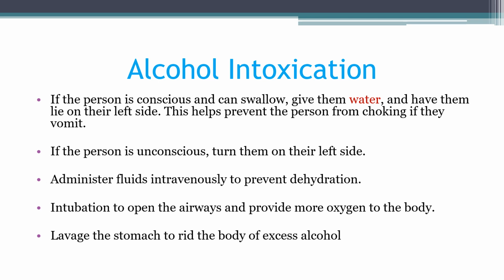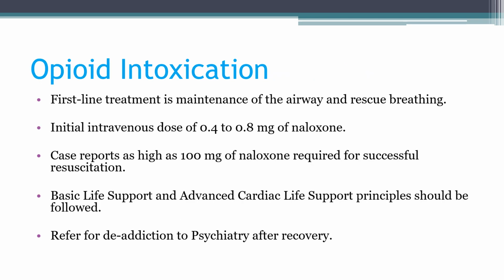Intubation to open airways and provide more oxygen to the body. Abdominal stomach lavage can also be done to get rid of excessive alcohol. Basically, the protocol for poisoning is followed in case of acute intoxication. Otherwise, if any antidote is available, then that can be given.